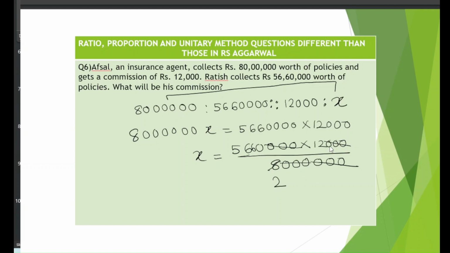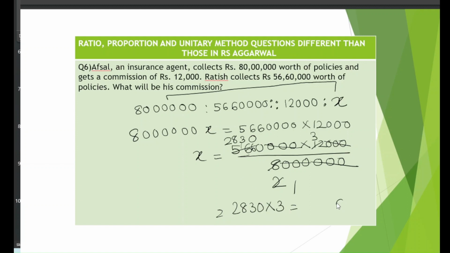4 2s are 8 and 4 3s are 12. 2 1s are 2. Then 566 is here. So 2 2s are 4. 5 minus 4 is 1. So it becomes 16. 2 8s are 16. Then 2 3s are 6 and then 0. So then what remains is 2830 multiplied by 3.